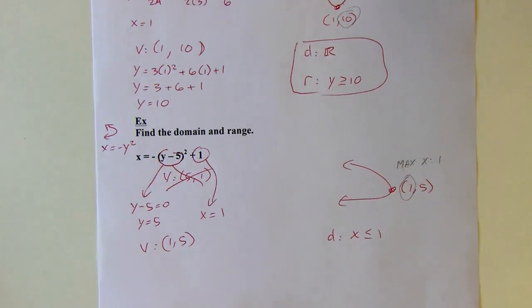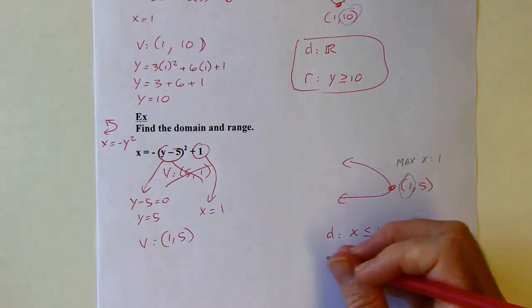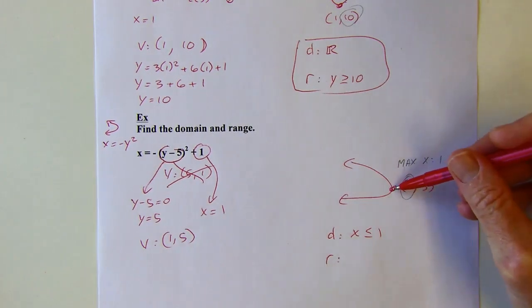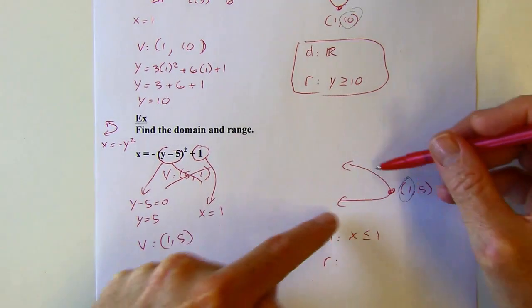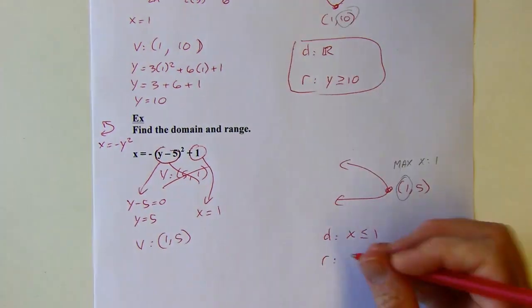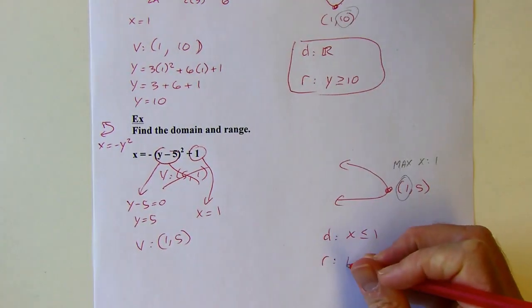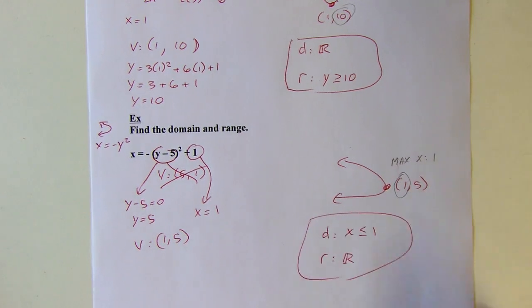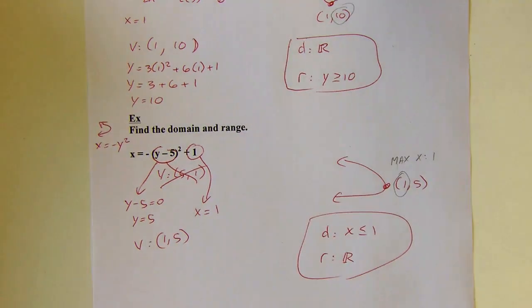Okay, that's my domain. And then the range, I'm talking about the y values, and the y values don't have a maximum because this goes up and down forever, right? It's going to get wider and wider as we go out to the left. So this time the range is going to be all real numbers. There is the domain and range. Okay, that's it.